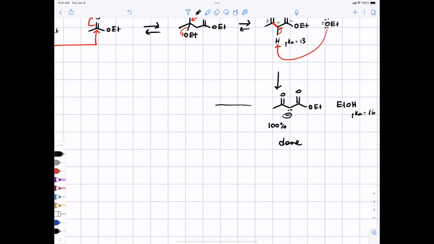And usually there is some gentle acidic aqueous workup that's going to be enough to put the proton back on the alpha carbon.